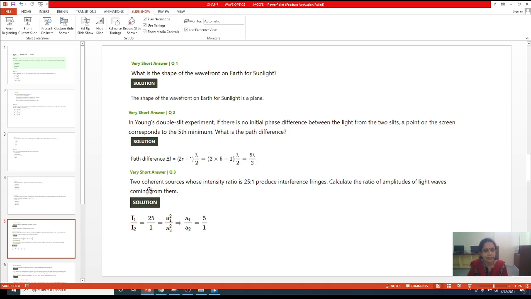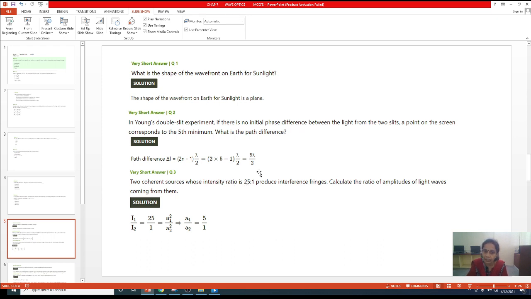Okay, then next, two coherent sources whose intensity ratio is 25:1 produce interference fringes. Calculate the ratio of amplitudes of light waves coming from them. Here we have given the intensity ratio of two coherent sources.